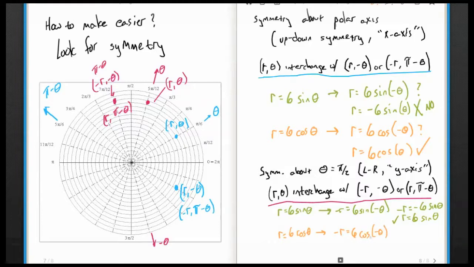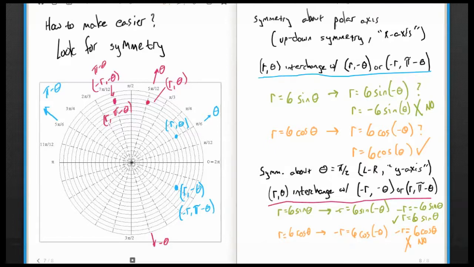Well, I know the cosine is even, so cosine of negative theta is the same as cosine of theta. So that gives me negative r equals 6 cosine of theta, right, which is not the same.